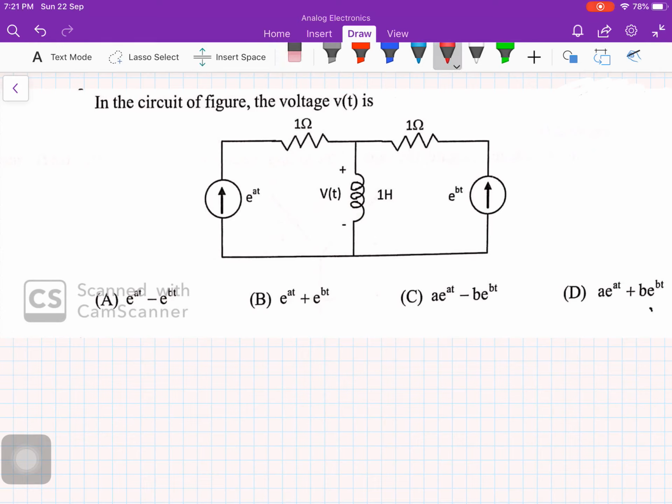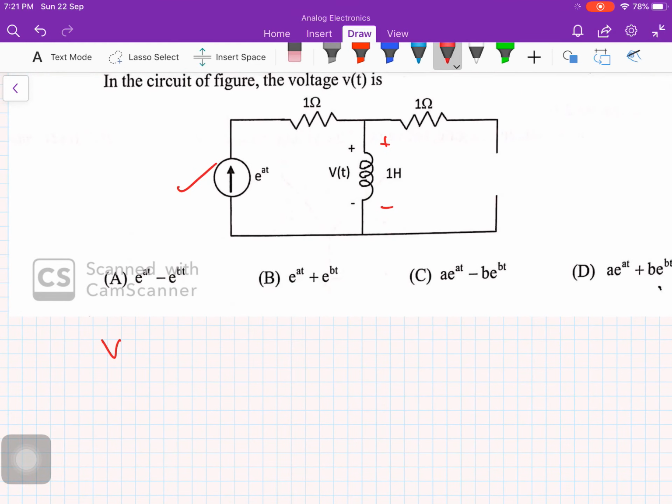When I see a circuit like this where there are two sources, superposition comes into my mind. So I'll just consider this first source and I'll ignore this one. So I'll make this an open circuit. Boom, like that. And I'll find the voltage here, which I'll call V1.